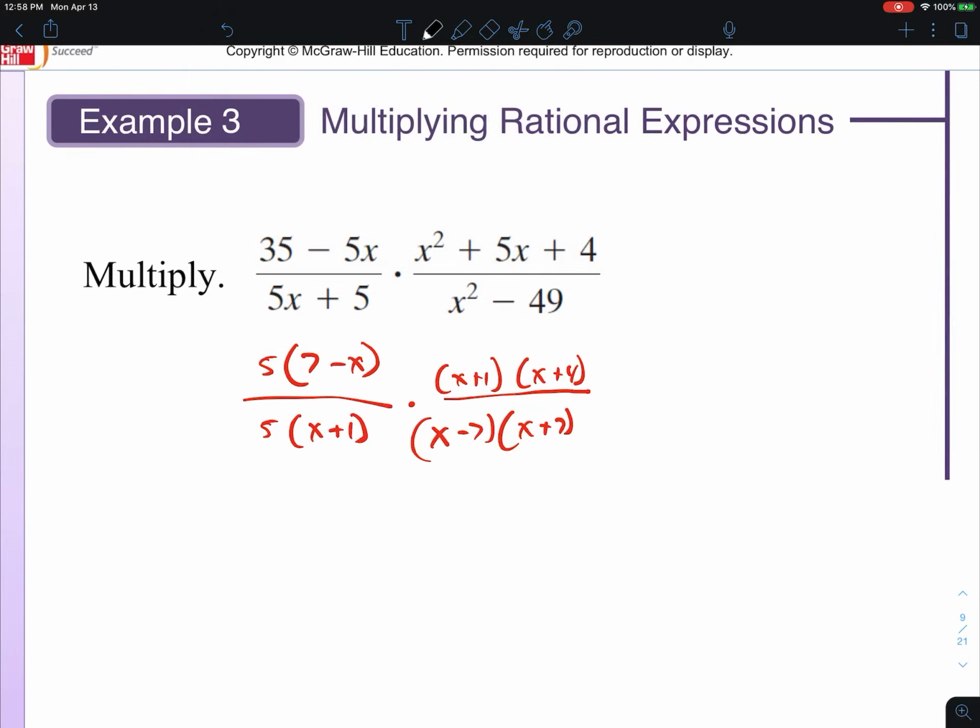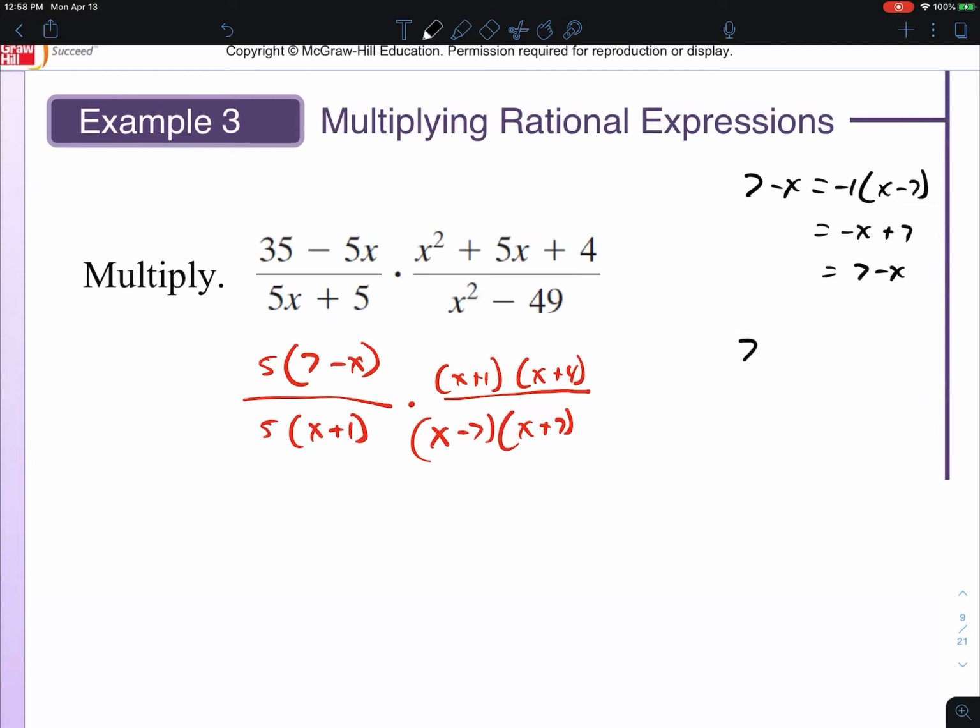Now, one of the things that I want to show you is that 7 minus x is equal to negative 1 times x minus 7. If I distribute the negative, I can rewrite this as 7 minus x.